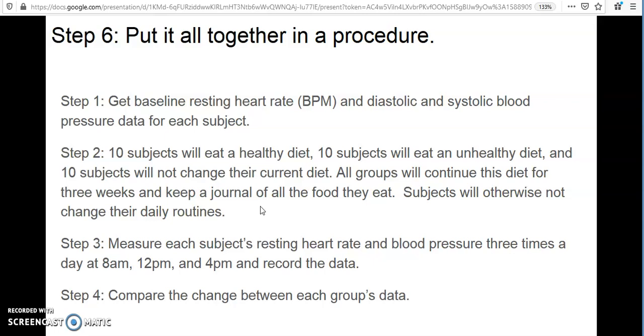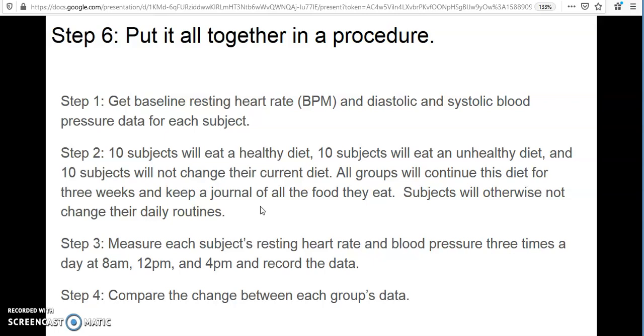I would not have been able to fully explain what we would be testing and what would be changed. So, granted, this is still not as specific as it could be. There's certainly some information that could be added. So I'll give you some time to think about that as well.